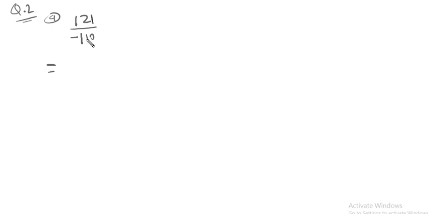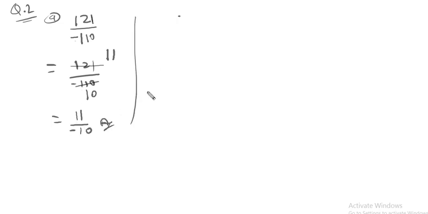We can divide this number by 11, so it will come 121 upon minus 110. 11 1s are 11, 11 1s are 11, right? So the standard form of this number is 11 upon minus 10. Don't forget to write this minus, right? Minus 10. This is your answer.